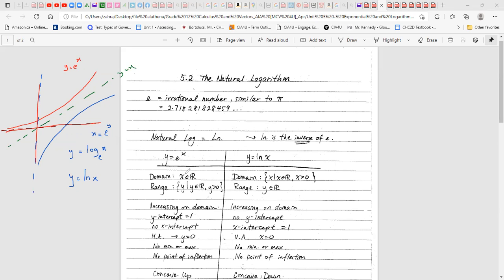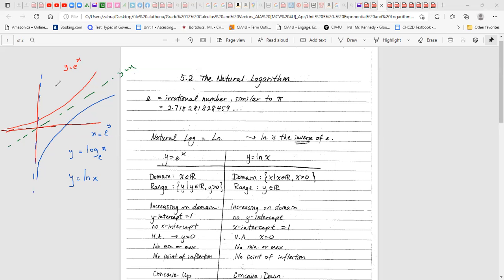And as you see, the domain for the exponential is x could be any number, and y is going to be greater than 0. But for the logarithm, x is greater than 0, as you see here, and y could be positive and negative. The y is everything.